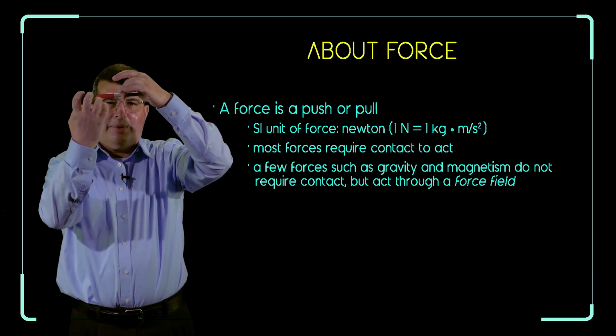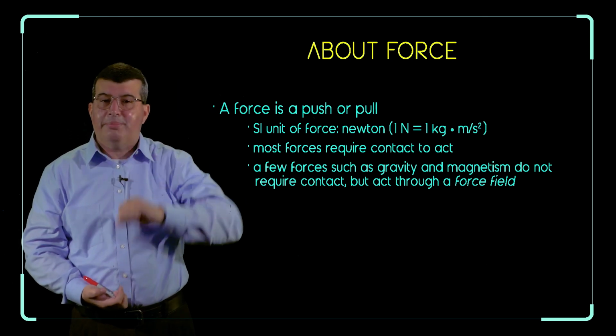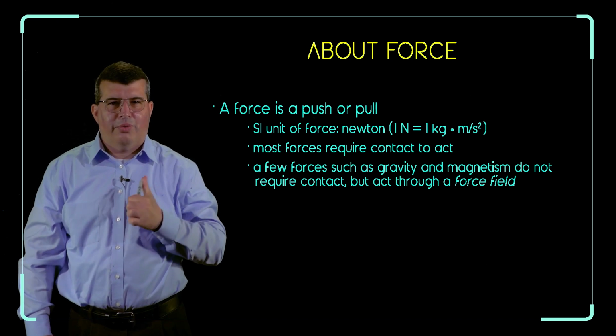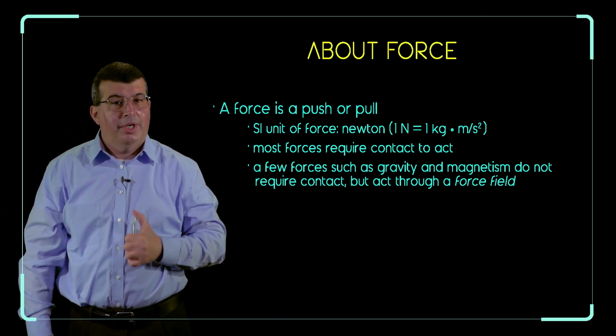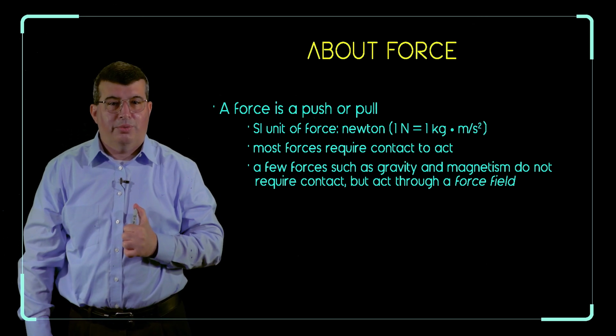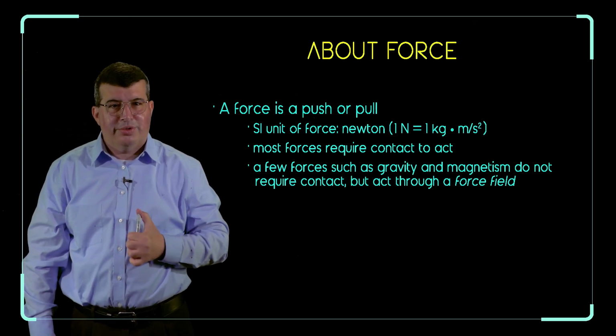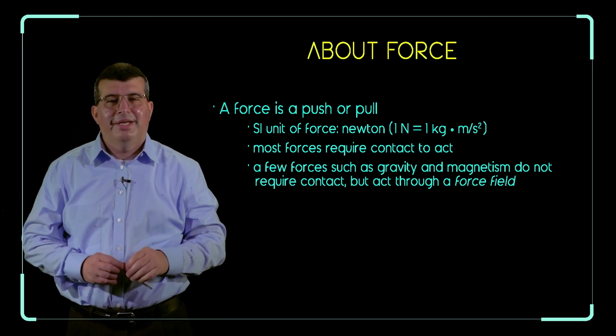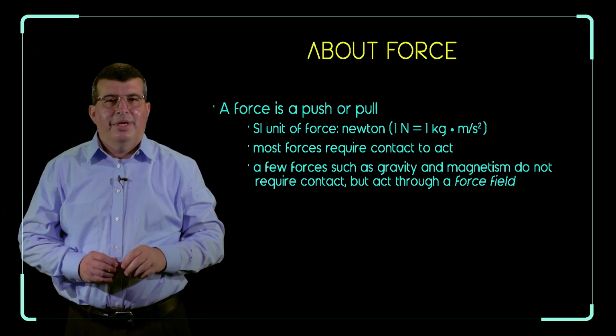So that is a force field. Gravity acts through a force field. Electricity and magnetism also work through force fields. Now, force fields don't always pull, they can push as well, and we will get into that in later chapters.